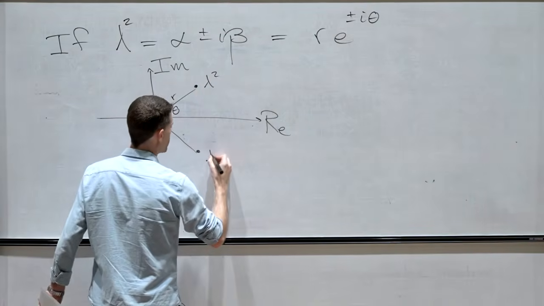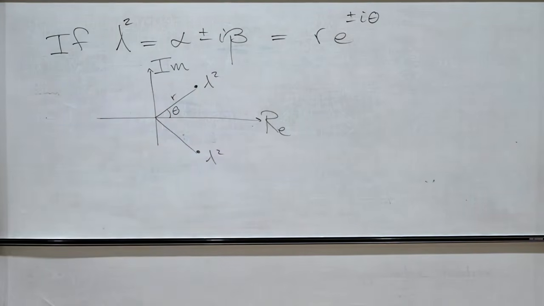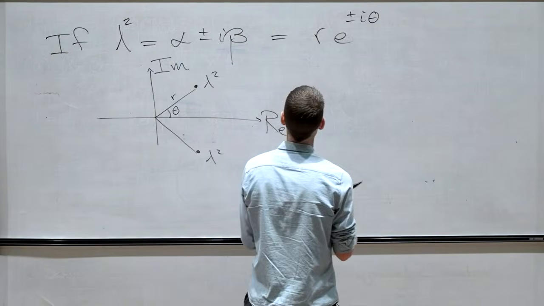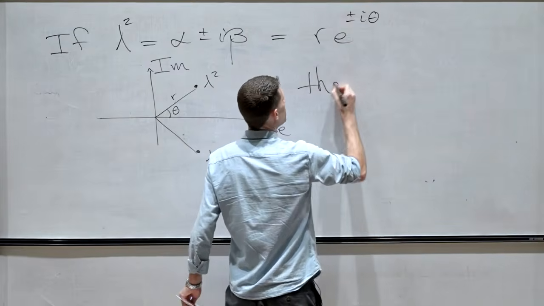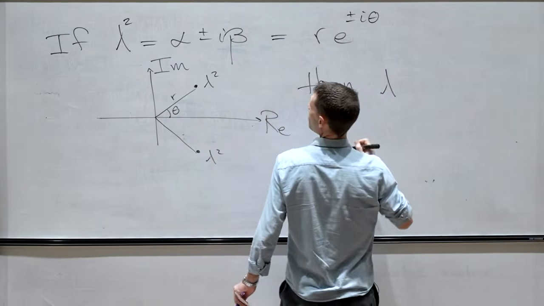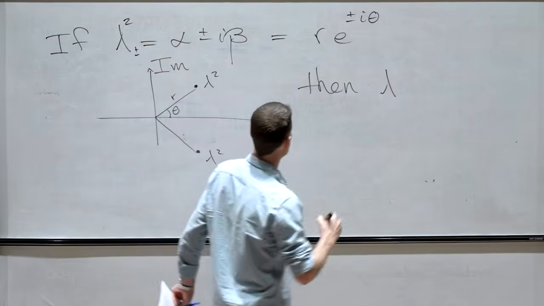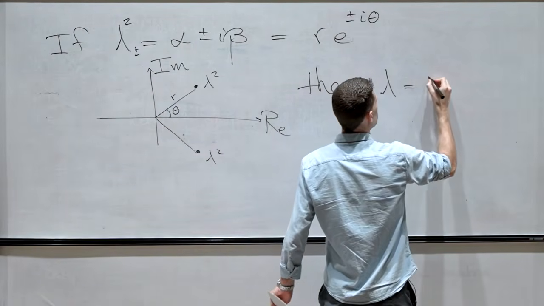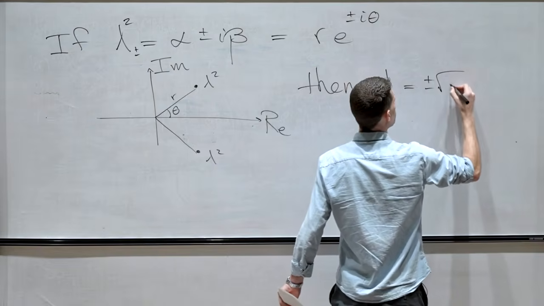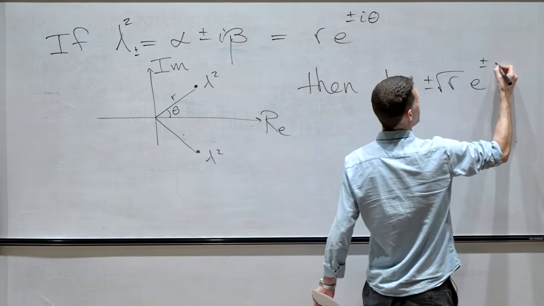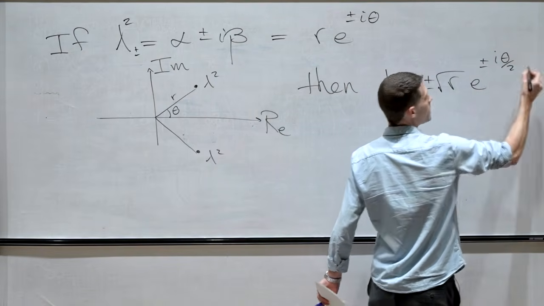So that's lambda squared. What is lambda? I take the square root of that, I get the square root of r, and I cut the angle in half, and I get a plus or minus. This is lambda plus minus. So lambda, there's four of them, is going to be plus minus root r e to the plus minus i theta over 2.